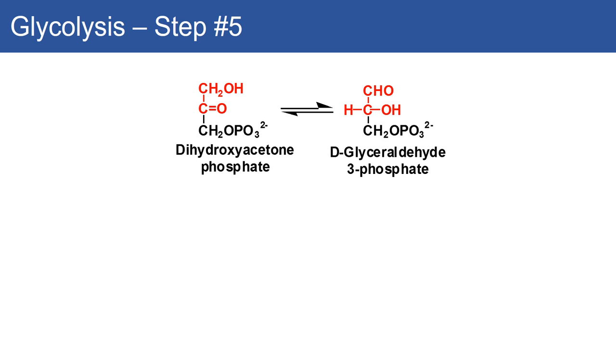And so only the D enantiomer of glyceraldehyde 3-phosphate is formed. And so that way everything is consistent. So step 5 is basically taking the hetero results and making them homo. So now what we have is D-glyceraldehyde 3-phosphate as our product that allows us to go into the next step.